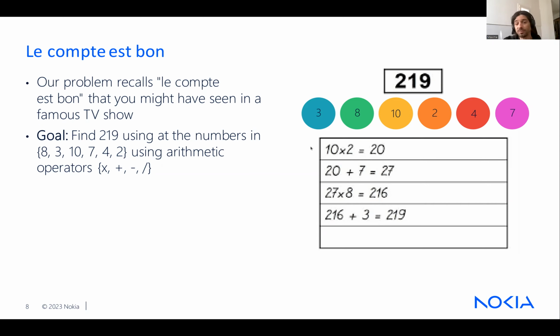In Le Compte est bon, you are given a target number, and you are given elements, along with the four arithmetic operators: plus, minus, multiplication, division. Using these operators along with these elements, you need to reach the target. So here we can build 219 by having 2 times 10 plus 7 times 8 plus 3, we get 219.